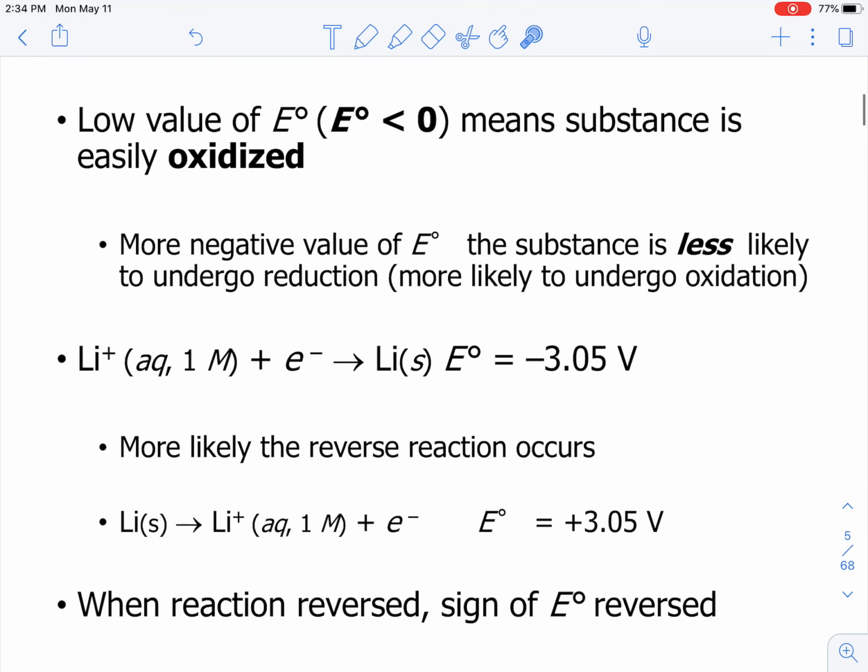And so if you guys were to have a half reaction such that oxidation is occurring, so here we have lithium ion, and then we're going to add an electron, so this is a reduction reaction.